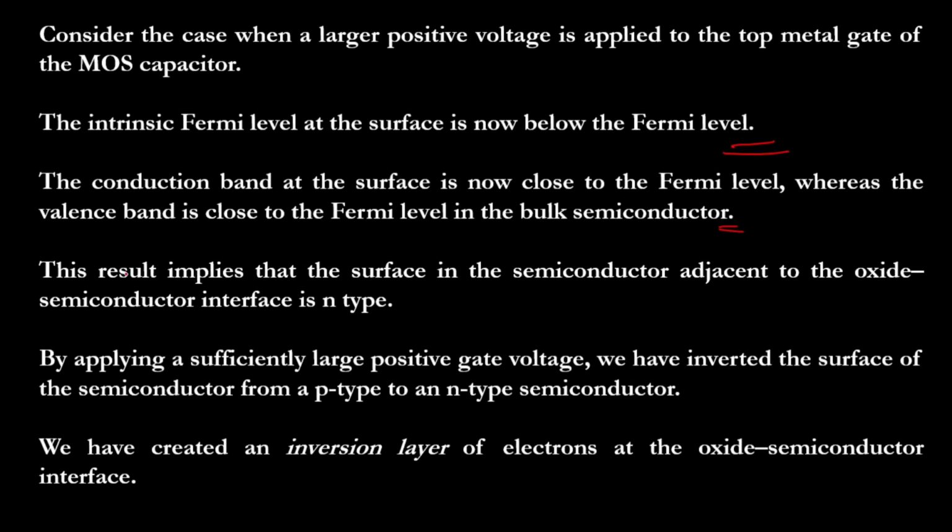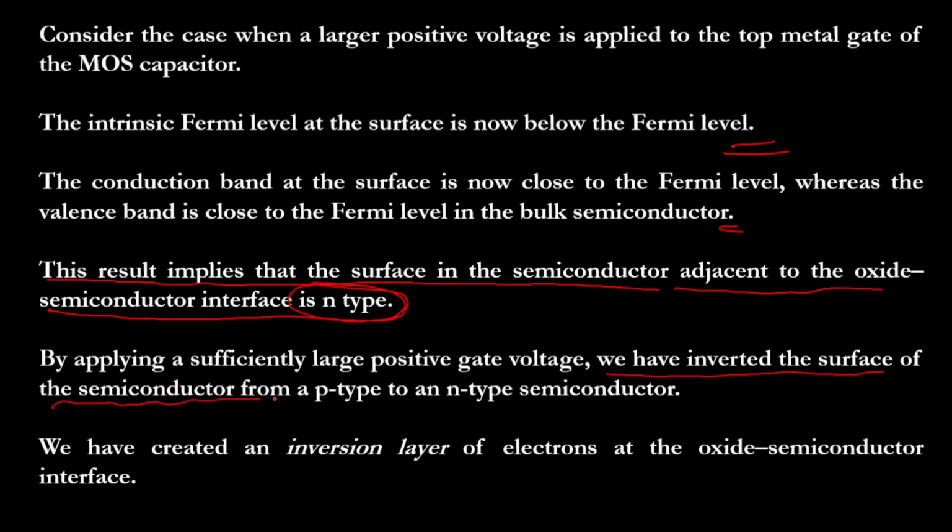This result implies the surface of the semiconductor adjacent to the oxide-semiconductor interface is n-type. By applying a sufficiently large positive gate voltage, we have inverted the surface of the semiconductor from p-type to n-type semiconductor. That layer is known as the inversion layer. We have inverted the characteristics of the material.